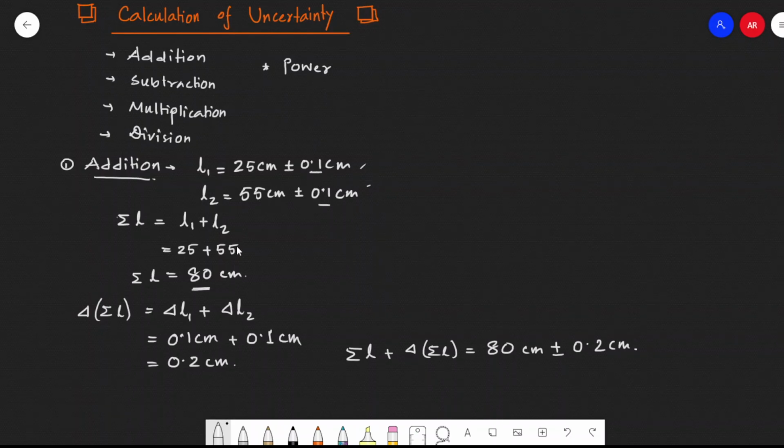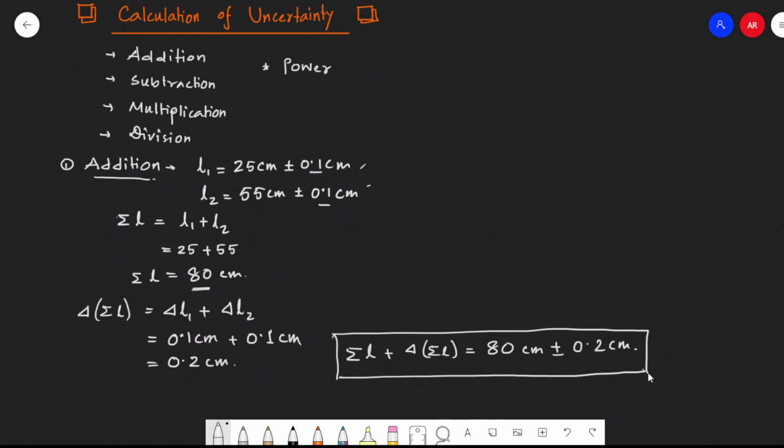So their uncertainties are also going to be added up in calculating the total uncertainty. So this is how we expressed the total length in terms of its actual uncertainty, or what we call absolute uncertainty. The uncertainty can be expressed in terms of the absolute uncertainty, fractional uncertainty, and percentage uncertainty.